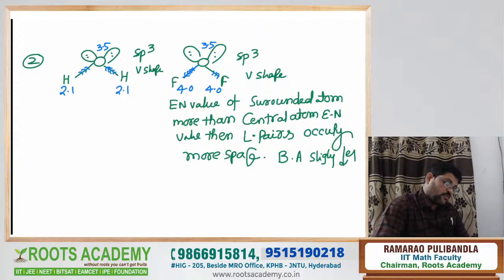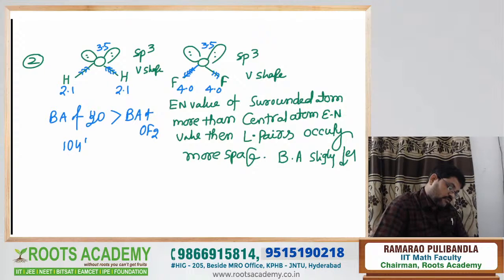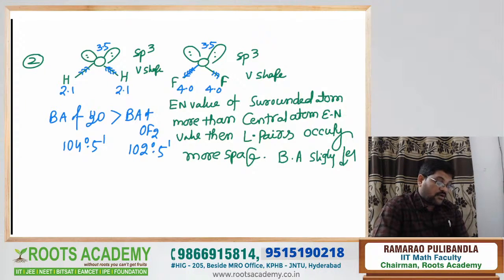That's why the bond angle of H2O is greater than the bond angle of OF2. The bond angle of H2O is generally 104 degrees 5 minutes, and the bond angle of OF2 is 102 degrees 5 minutes, because the bond pair shifts to the fluorine side and the lone pair occupies the most space. This is the second application.